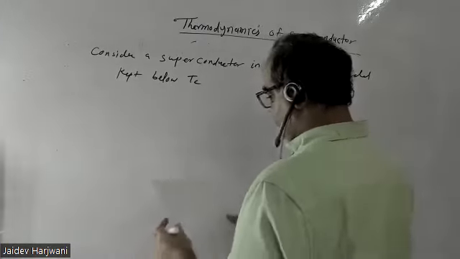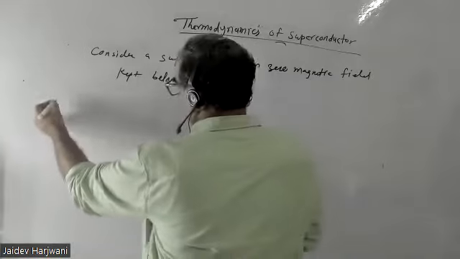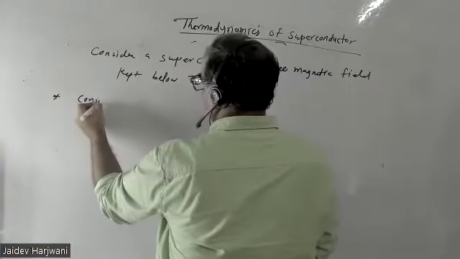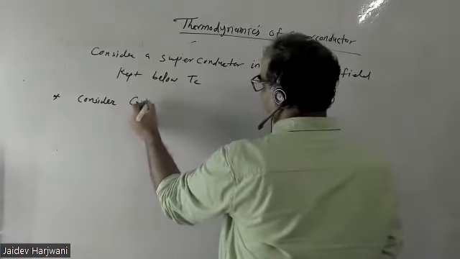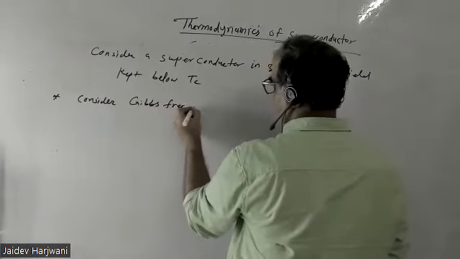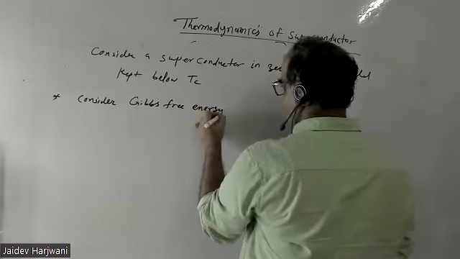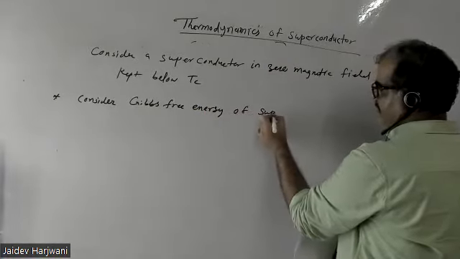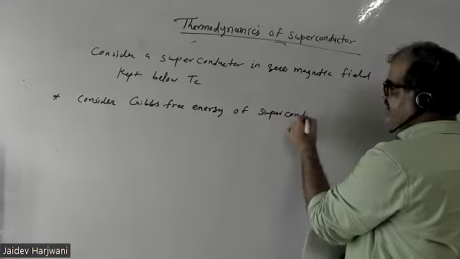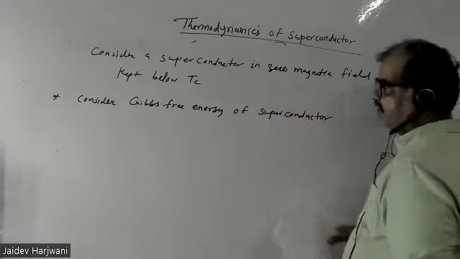So consider the Gibbs free energy of a superconductor. How does the Gibbs free energy change when I am applying a magnetic field to a superconductor?